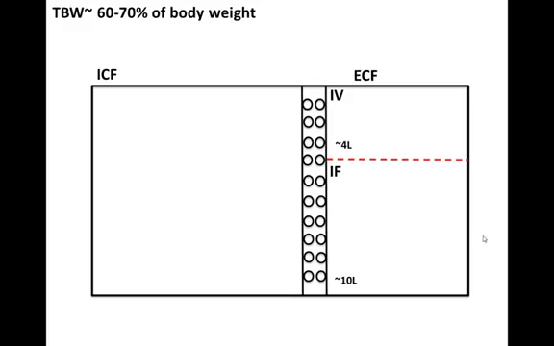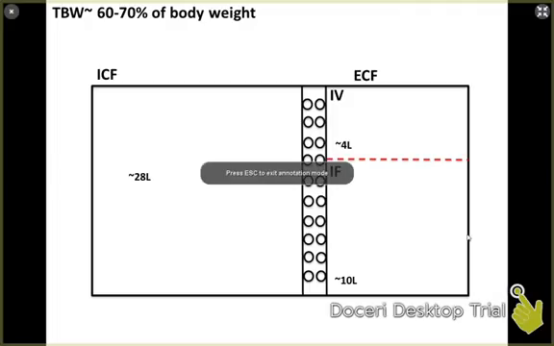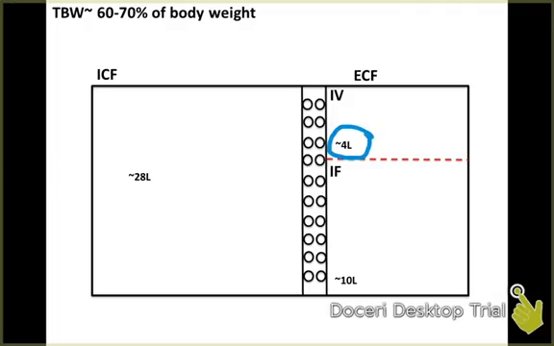We're going to go on and give you an idea of how much fluid we have in each one of our spaces. Okay? So in our intravascular space, you can see it's about 4 liters of fluid. In our interstitial fluid space, we have about 10 liters of fluid.